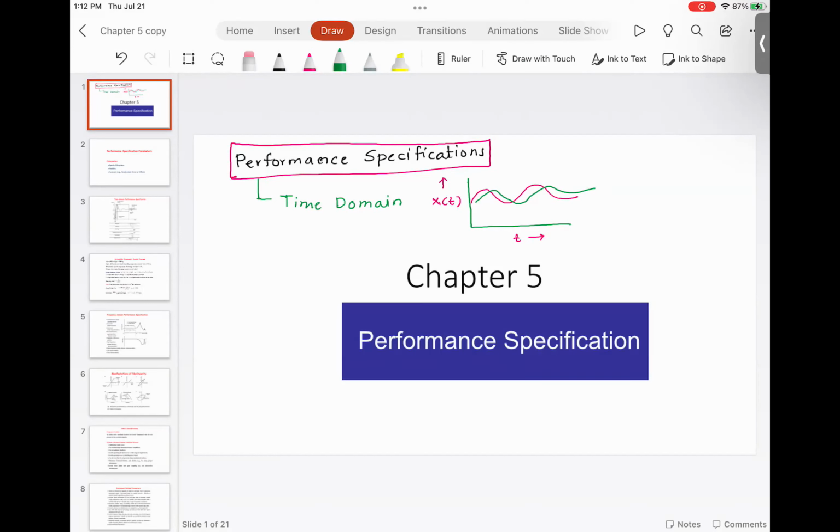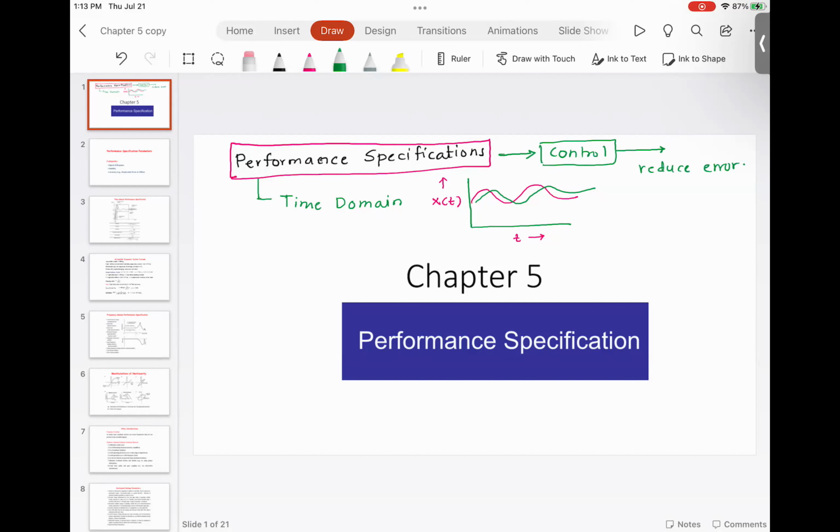And clearly, many a times, the expected behavior is different than the actual behavior. So what we do is we add something called a control. And with this control, we try to reduce the error.